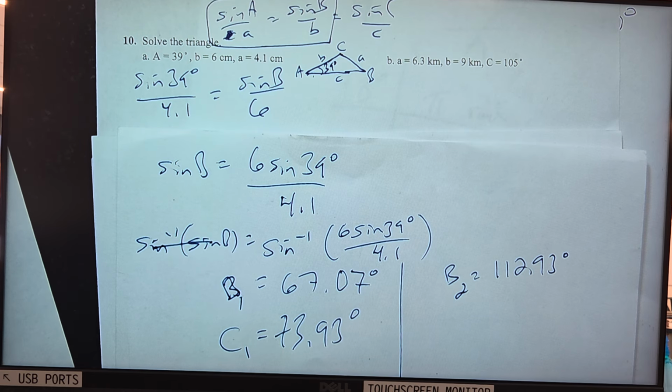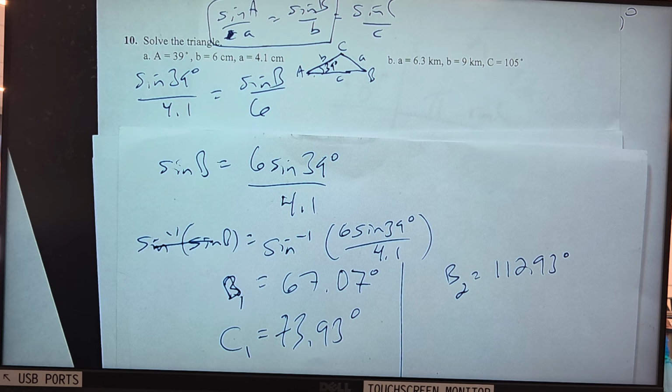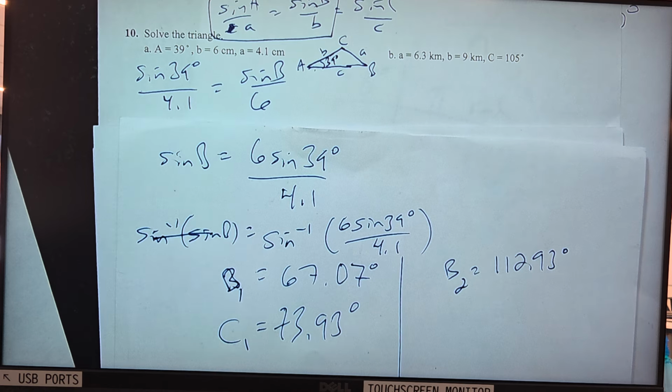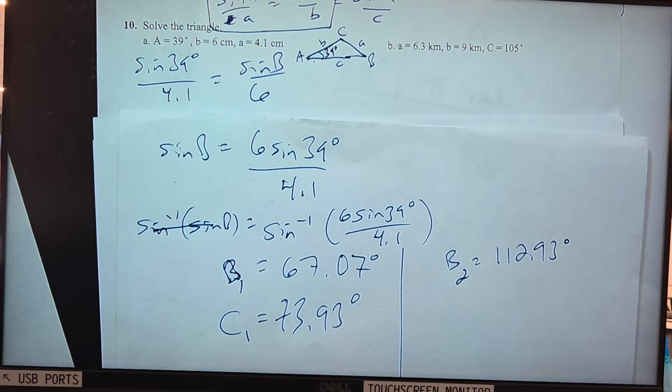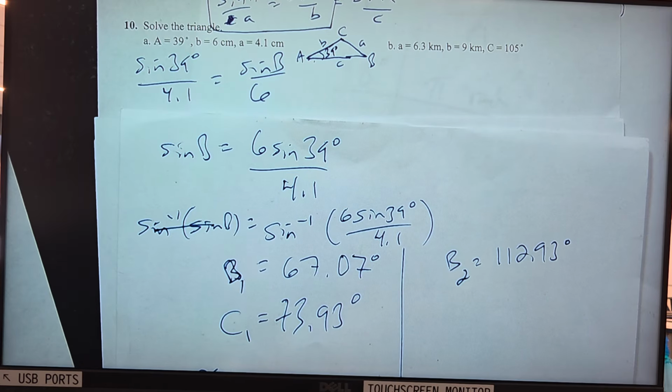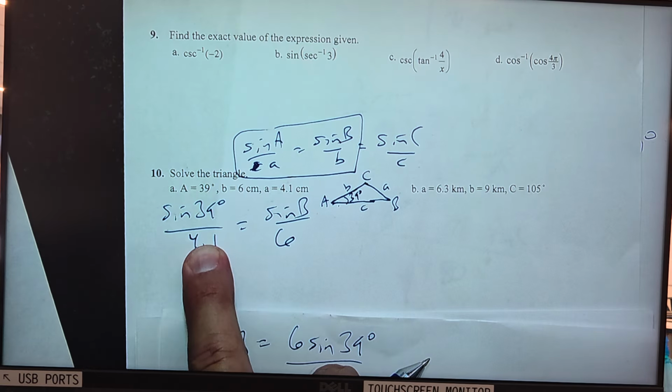How do I find side C? A sine C divided by sine. Something like that, yeah. So I got sine of 39 divided by 4.1, the same thing we used in the beginning.